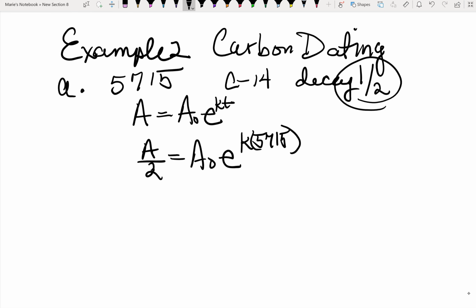Given that we have a sub 0 on both sides, we can divide both sides by a sub 0, and we end up with 1/2 equal to e raised to the 5,715k. We're obviously solving for k.